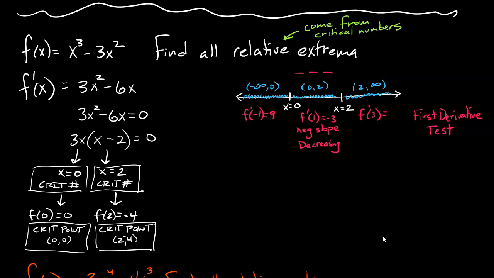This is a positive answer. So I don't actually have to write this positive slope and increasing stuff. This I'm just putting here for your sake for notes. And then 3, I should have done 10. 10 is definitely easier, because when you don't have a calculator, 10 works nice. 300 minus 60 would be 240. Positive.